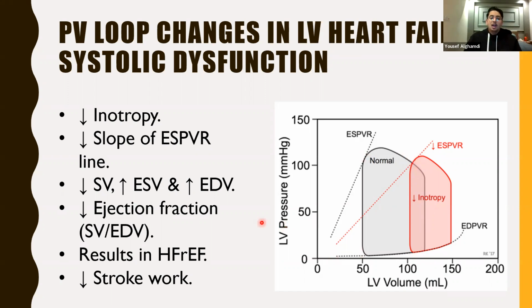And your end diastolic volume would be more. So we said diastole starts here and ends here. So this is your end diastolic volume, also known as your preload. If your end systolic volume is more, you will have blood left over from the previous cardiac cycle.